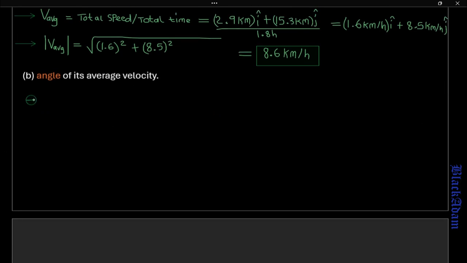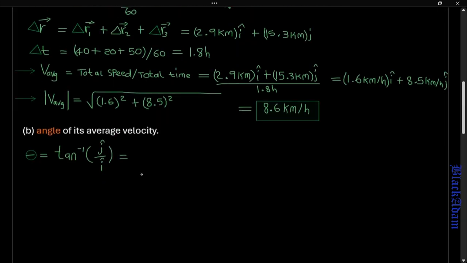Then looking at the angle, it's the inverse of tan, the j component over the i component, so it's y over x, vertical over horizontal.